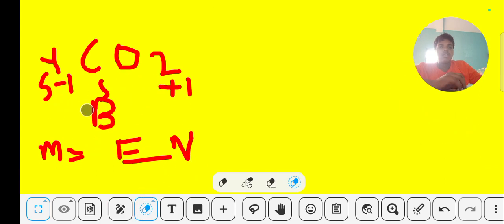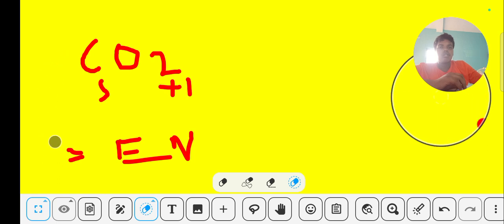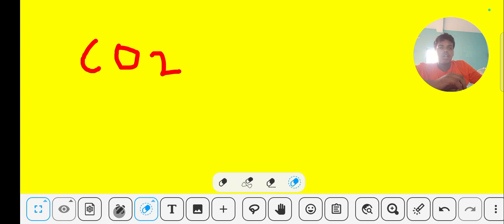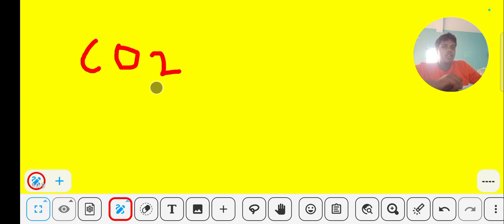So let's talk about CO2. What is its oxidation number? Oxygen is more electronegative. So if you talk about its structure, it is oxygen, carbon, oxygen.